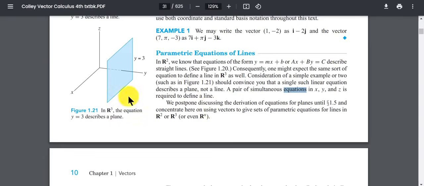So somehow we're going to use vectors to get an equation for a line in R2 or R3. And then she says this other thing about parametric equations for lines. She hasn't explained that yet, but we'll see a second way of getting equations for a line, besides using vectors. But we have to wait and see that.